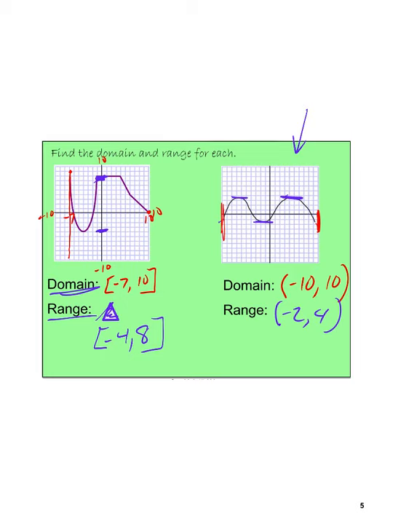Again, if there were arrows on the end of this, then we would believe that it went on forever. And if it goes on forever, then our domain would actually be infinity and -infinity on the left side. But without arrows, we don't know necessarily that it goes on forever.